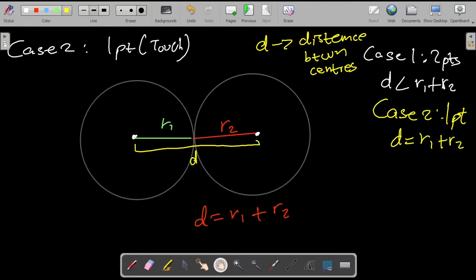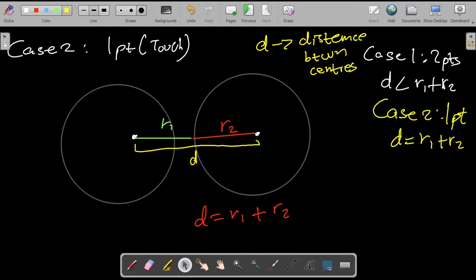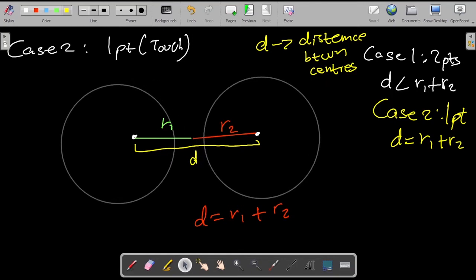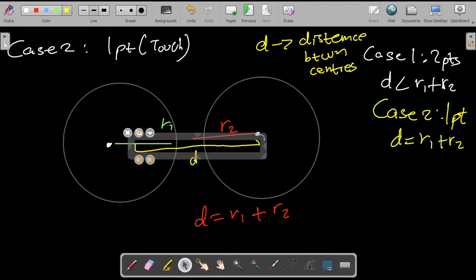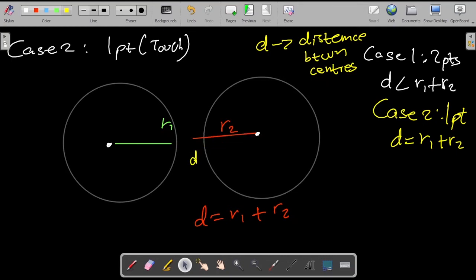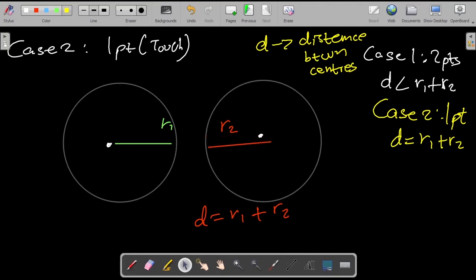right? Now let's look at the final case, when these circles do not touch. Let me just remove this, delete that, and this as well, and I just want to move this so it makes sense.